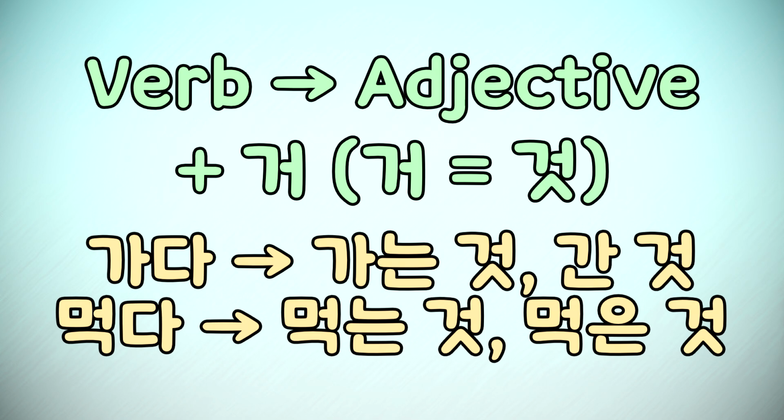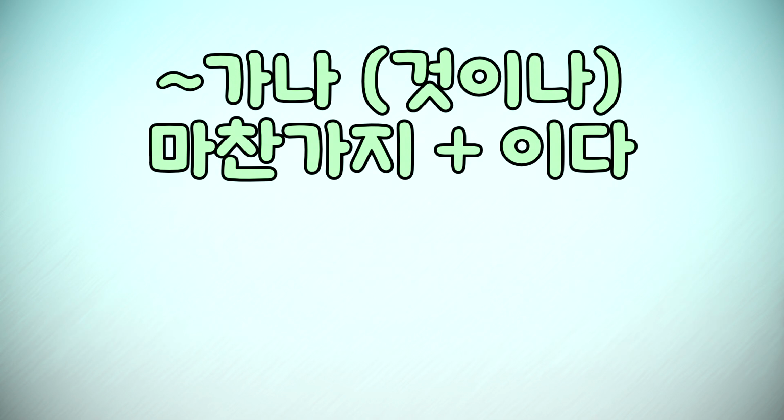But we can also use this same form now together with 마찬가지, like this. All you have to do is attach 이나 after 것 with a verb just like we did. Or more commonly, this becomes just 거. So we get 거나. And the rest is just 마찬가지. See what I did there?